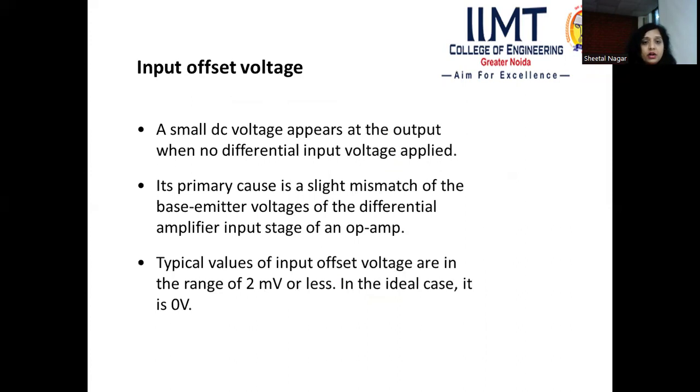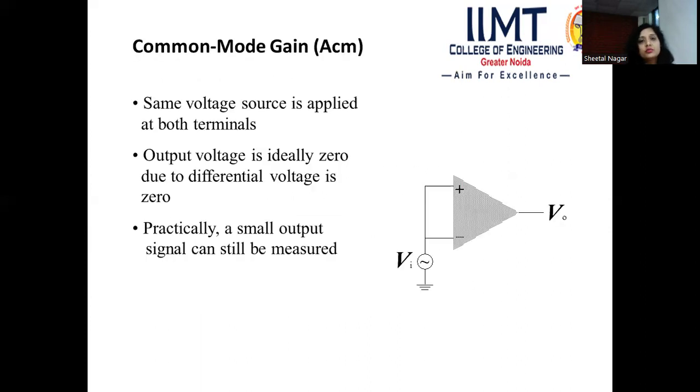Its primary cause is a slight mismatch of the base emitter voltages of the differential amplifier input stage of an operational amplifier. Typical values of input offset voltage are in the range of 2 millivolts or less. In the ideal case, it is 0 volt. Common mode gain.